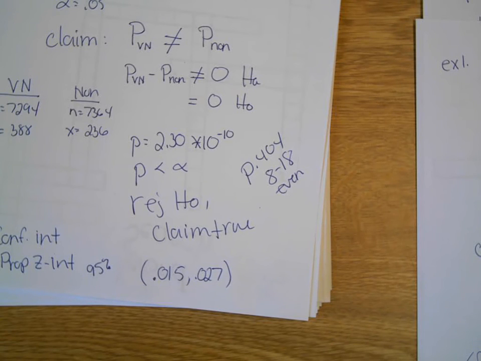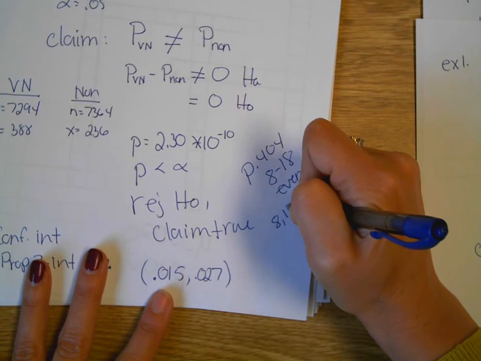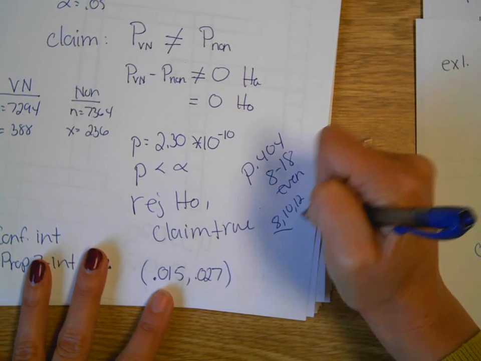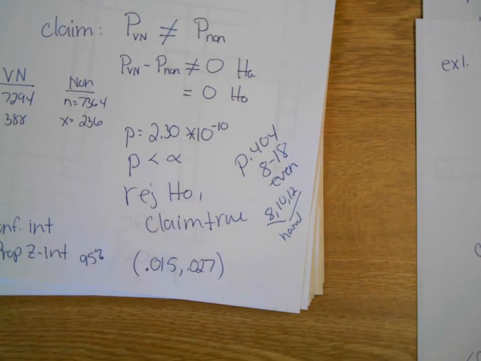Let's review. Testing the difference. Let's go, how many are there? 1, 2, 3, 4, 5, 6. So the first 3 will be by hand. 8, 10, and 12 will be by hand. And then the last 3 by program.